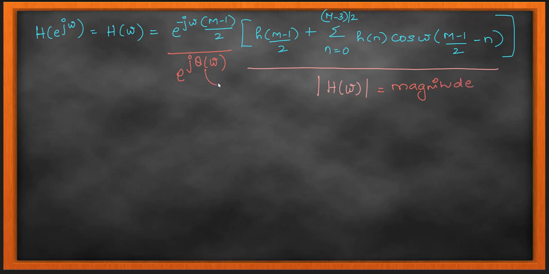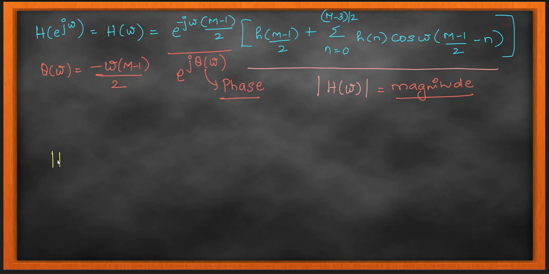If I am talking about the frequency response of this equation, I have to just take the second half of that, that is the magnitude of H of omega, and that is going to be my magnitude or frequency response. And my phase is equal to minus omega into (m minus 1)/2. If I plug in values of omega, I'll get my phase response and my magnitude response.